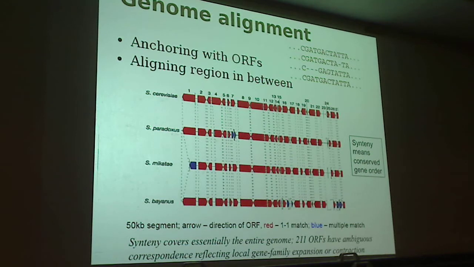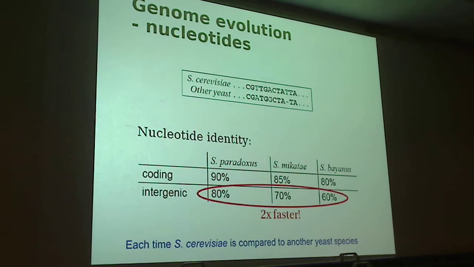So, first bit of statistics they gathered. See if you would agree with this. They compared all these pairwise, so baker's yeast was compared pairwise with the other 3. And this is what happened. Some are further than others. These are the similarities in the coding regions, where the protein coding genes are.